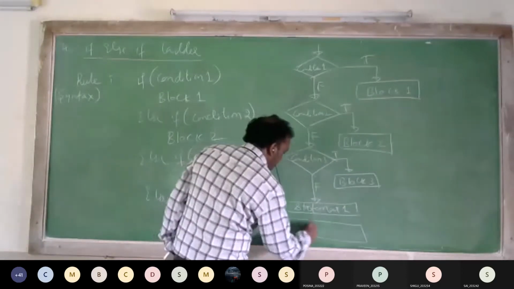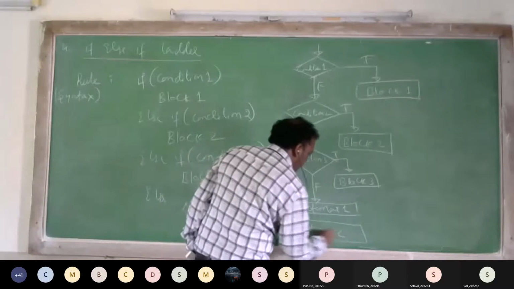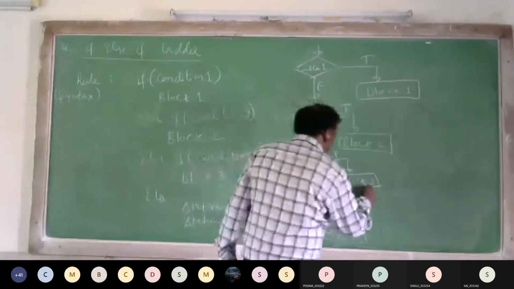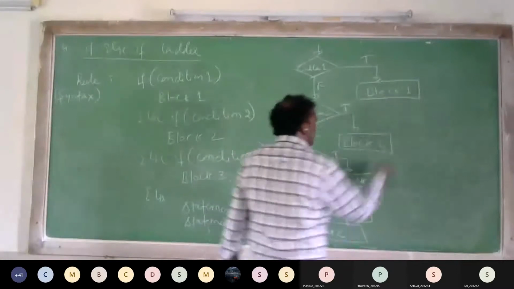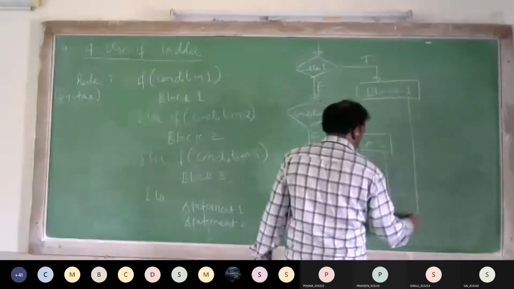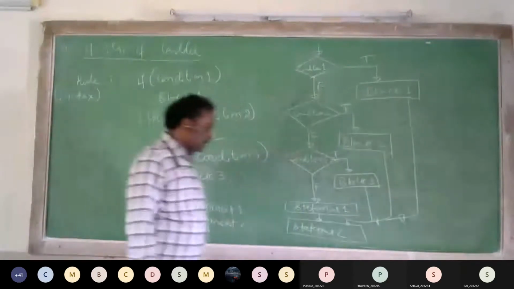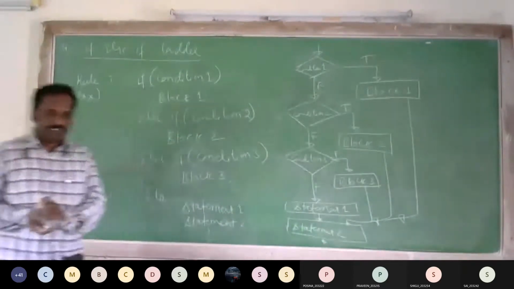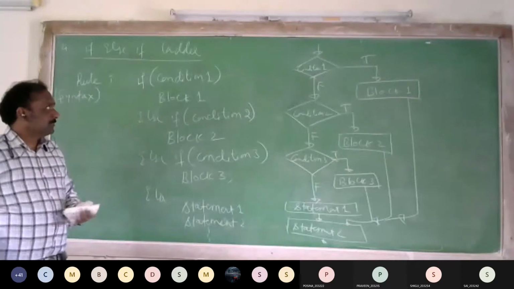This is statement 2. Now, all these statements will execute. Now, is this flowchart okay? Students?